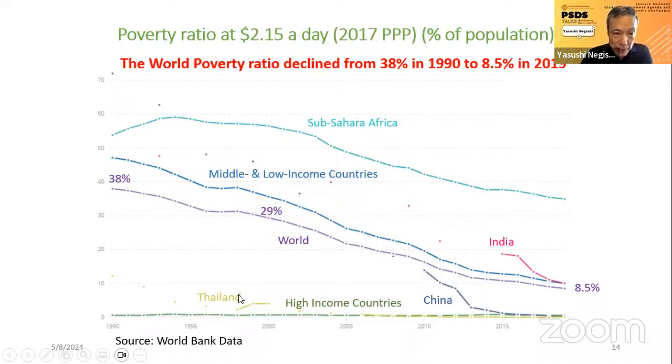And we have Thailand's numbers here. Sorry, it's not so clear, but according to this poverty line, Thailand's poverty ratio in 1990 was around 12%, and currently it is very close to zero. So again, Thailand has also been successful in reducing its poverty ratio.